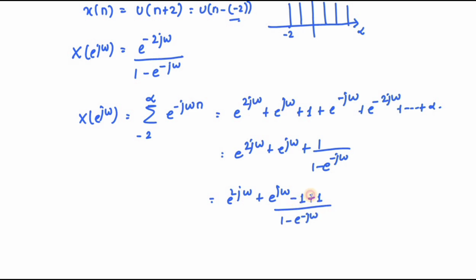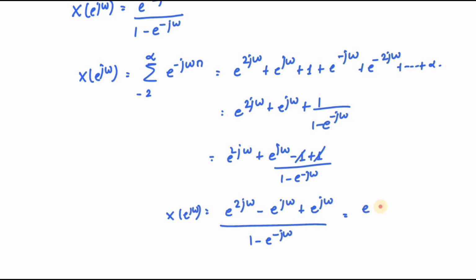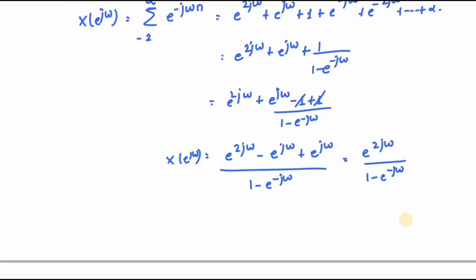These two get cancelled out. So I will get e power 2j omega minus e power j omega plus e power j omega, divided by 1 minus e power minus j omega. I can verify the answer: both are the same, equal to e power 2j omega divided by 1 minus e power minus j omega.